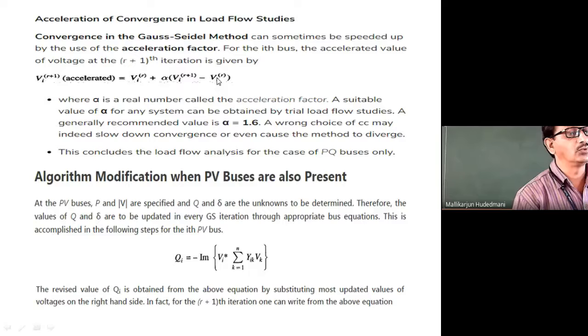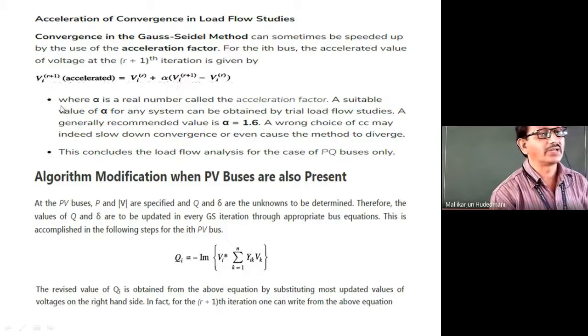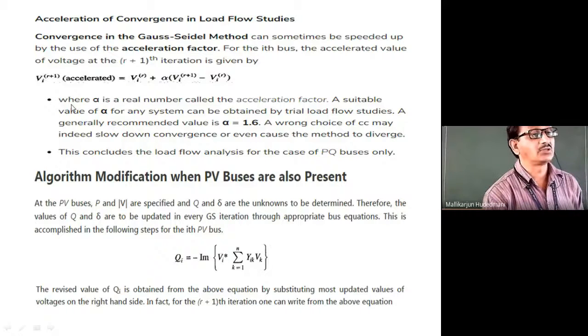Then V_i^R is what we substitute in the next iteration. Instead, rather than substituting V_i^R directly, make a displacement with delta V operated on by alpha, which will definitely make better progress in the solution of V_i^(R+1).